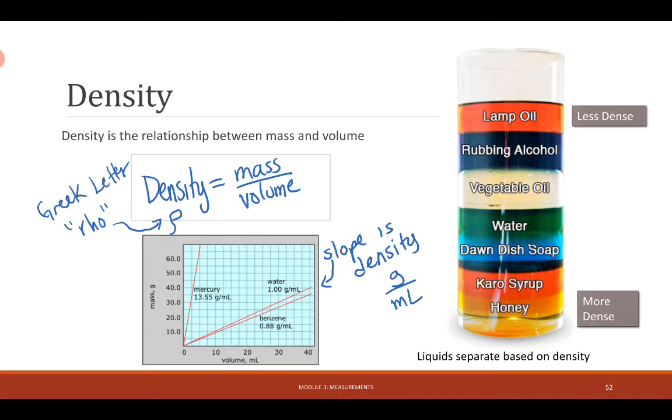So if you look at this stack of liquid here, there's a whole bunch of different liquids in this, but they have separated based on their density. Some of these are naturally clear, like rubbing alcohol and water, and so food coloring has been added to help you see where each substance ends. More dense things will sink to the bottom, and less dense things will float to the top. And so they're separating based on their density.